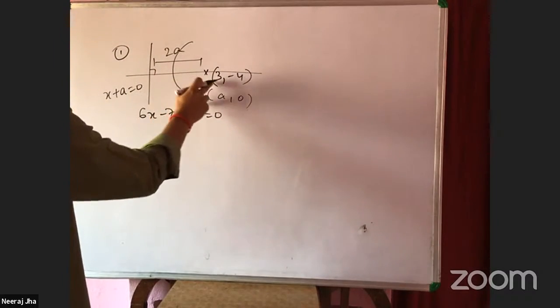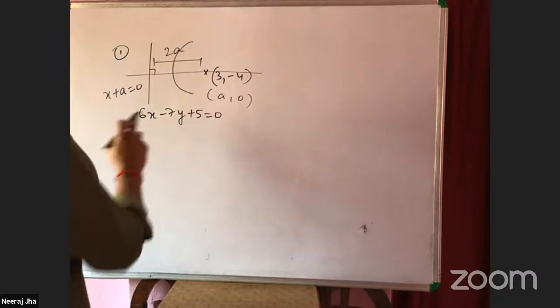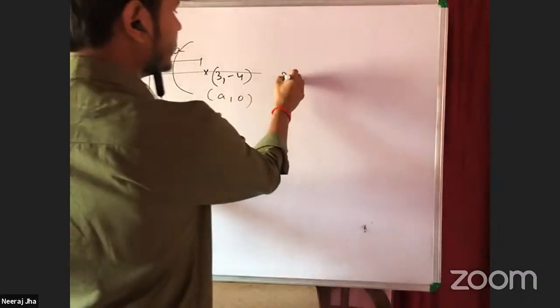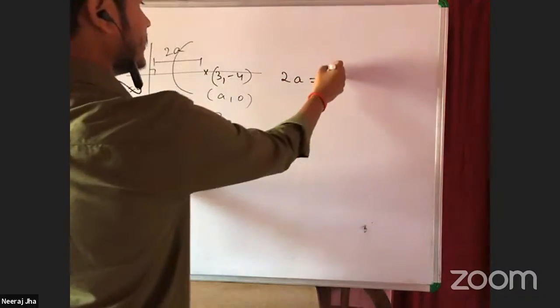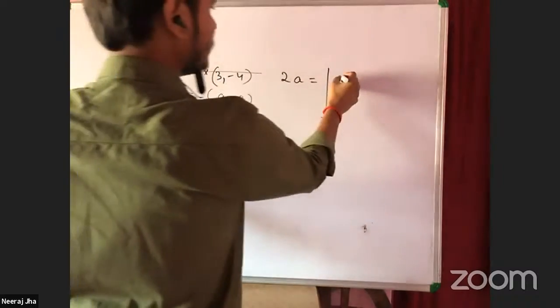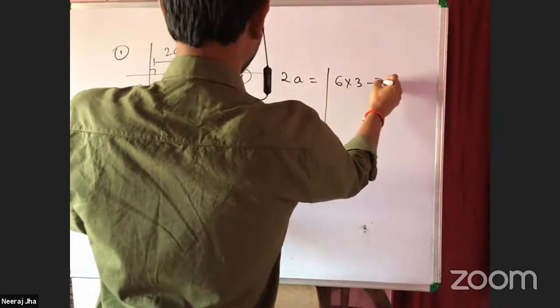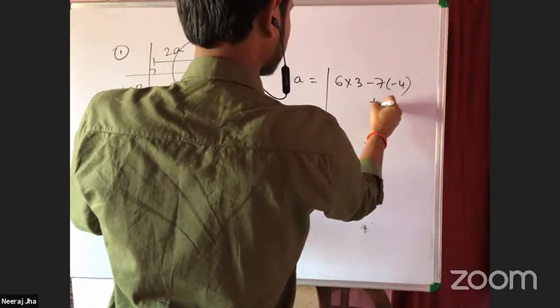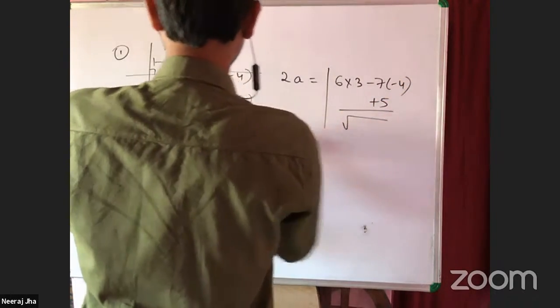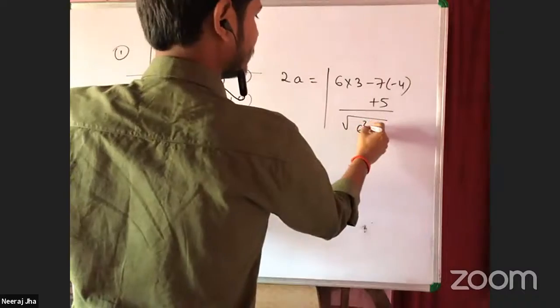So I will find the perpendicular distance of this point from this line, and that will be equal to 2a. That means 2a equals 6 into 3 minus 7 into minus 4 plus 5, divided by root over 6 square plus 7 square.